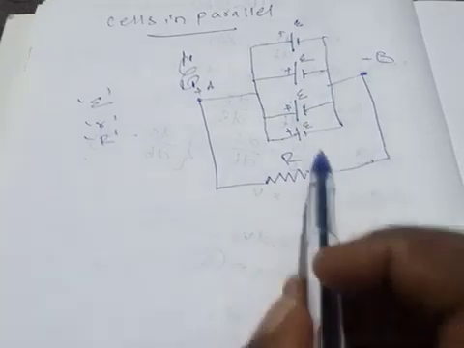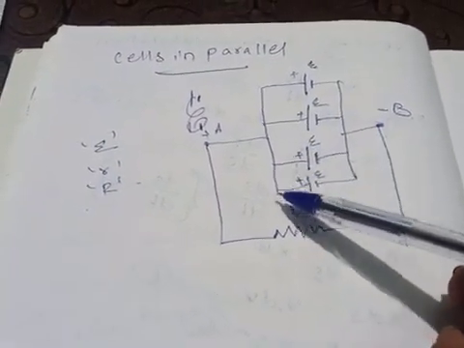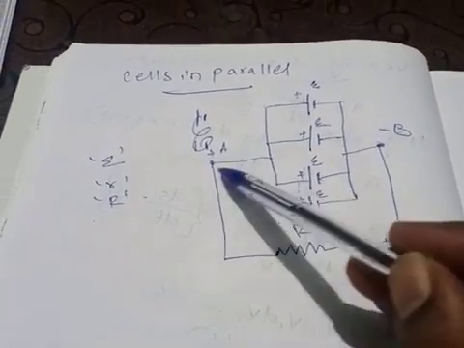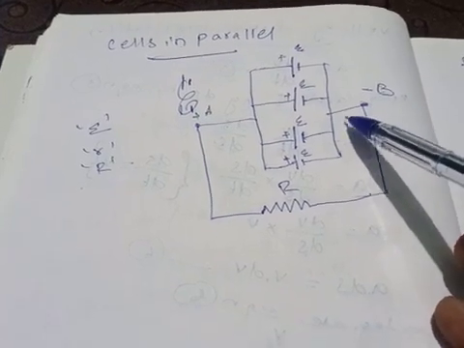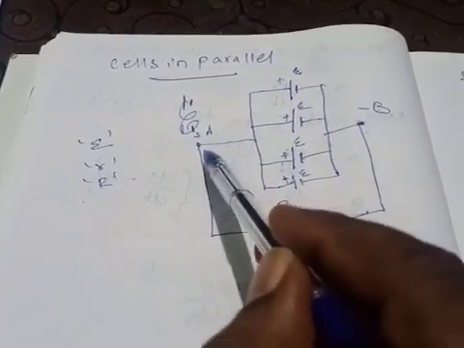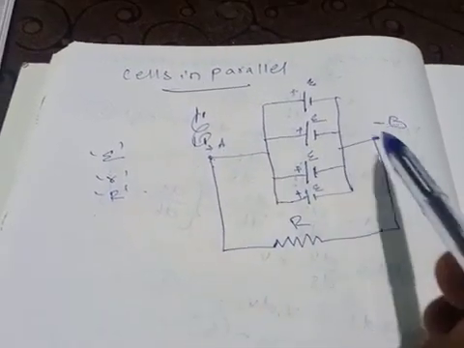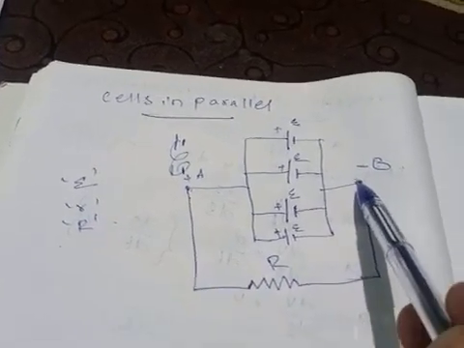So you know how the connections are in the parallel connection: all the positive terminals are connected at one point, and all the negative terminals are connected at another point, forming the positive and the negative terminals of the battery.